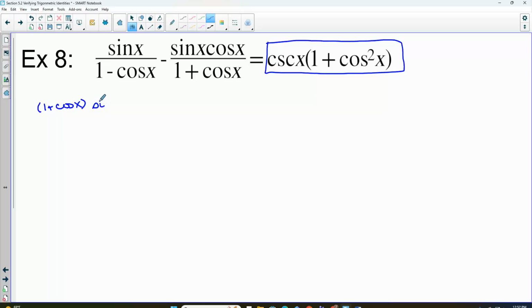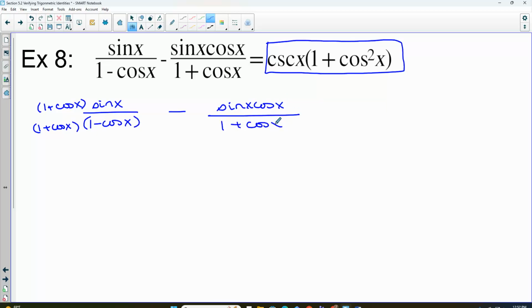So the first fraction, I'm going to have to take times 1 plus cosine x on top and bottom. This one I'm going to have to multiply 1 minus cosine x on top and bottom.